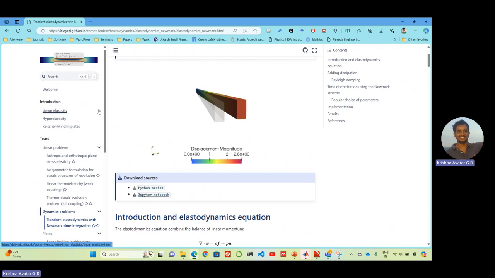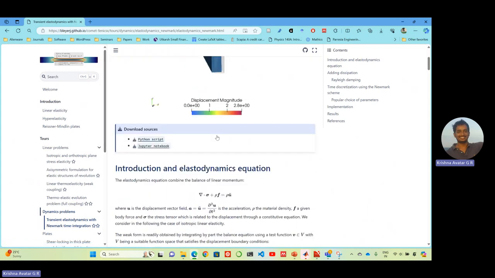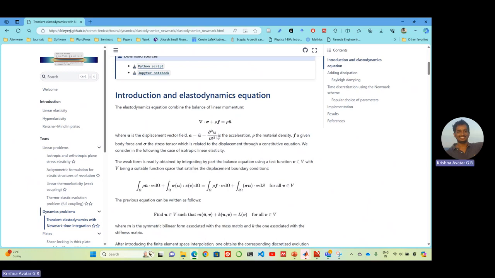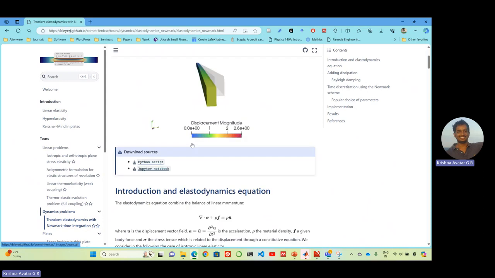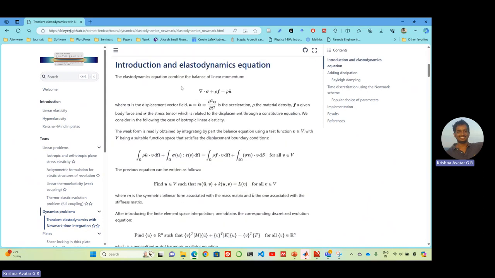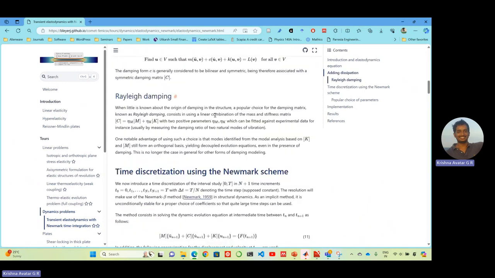There are very good tutorials on using this software package. One of the examples that we had started last time was the transient elastodynamics with Newmark time integration. So that is essentially the goal here.